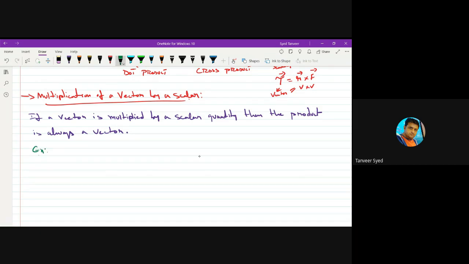For example, I have vector A, which is 3i minus 2j plus k. If I multiply vector A by 3, 3 is a scalar quantity, just a number, I get 3 times (3i minus 2j plus k), which is 9i minus 6j plus 3k, which is also a vector.